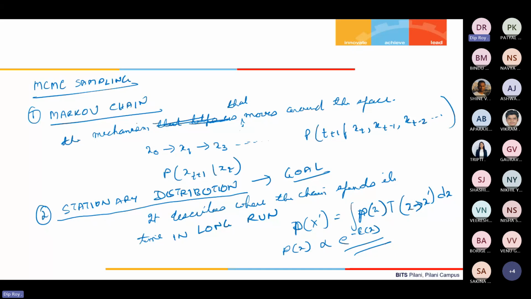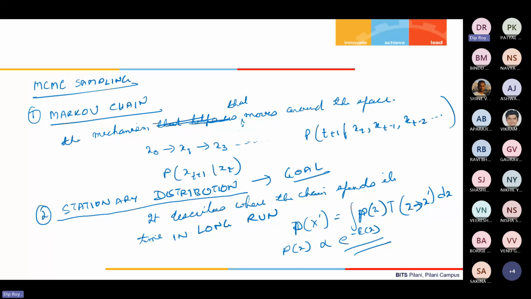So what we want is a mechanism which takes us to a stationary distribution which mimics the energy-based models. And when I have reached that stationary distribution, if I have some mechanism to do sampling, then my job is done. I have sampled from there.